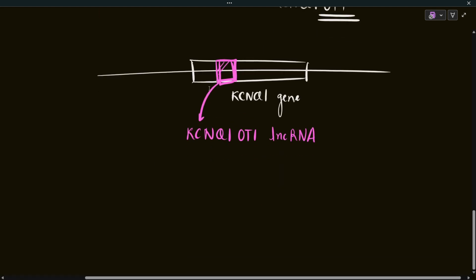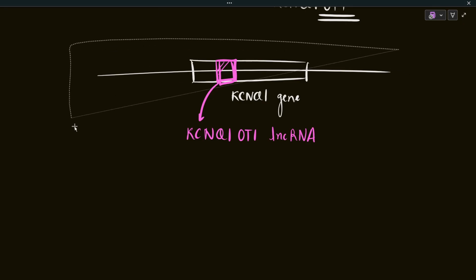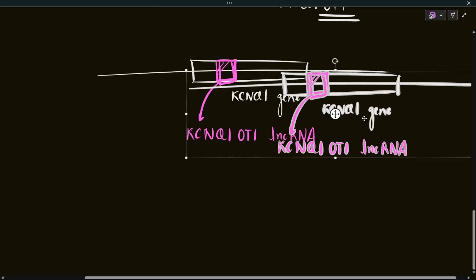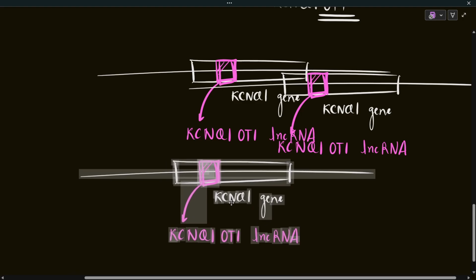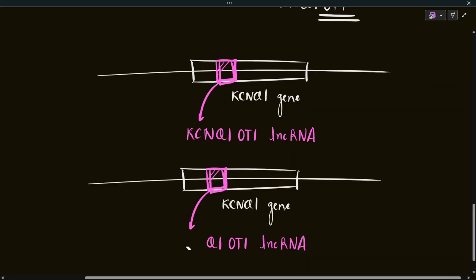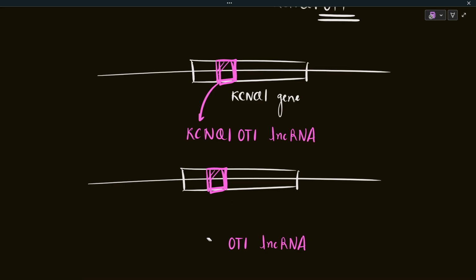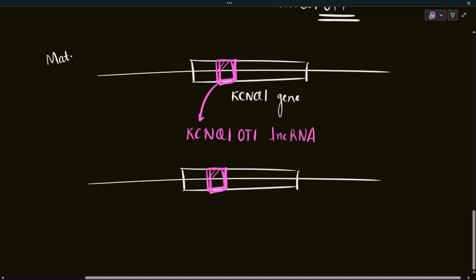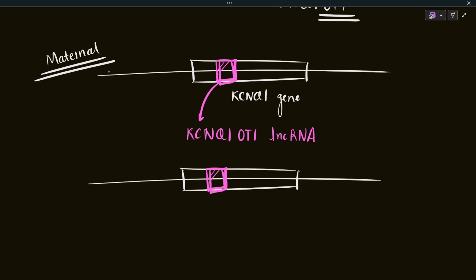So let me make 2 copies of this. Let's assume that the first one that we showed here is the part of the maternal genome. So in an embryo, this is the maternal copy of the genome, and this is the paternal copy. So this is the maternal allele and this is the paternal allele.